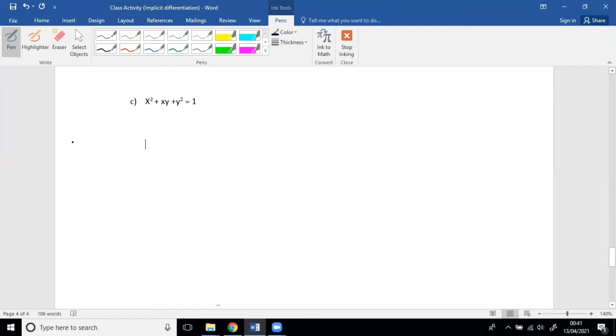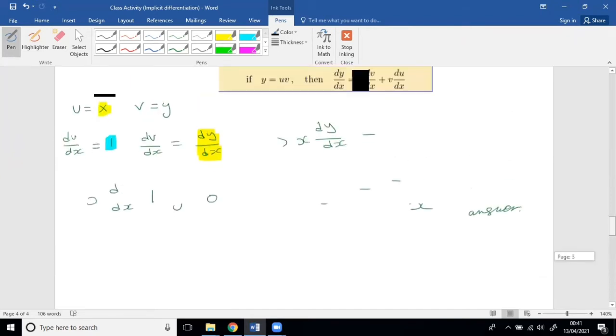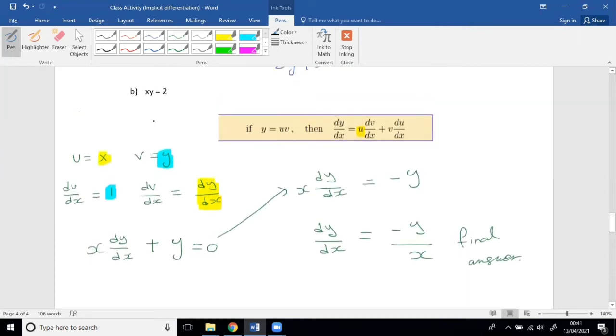The differentiation of x squared would become 2x plus. Now I'm going to use a shortcut in here because I just worked out the differentiation of x multiplied by y should become minus y over x. There you go. So differentiation of xy became minus y over x.